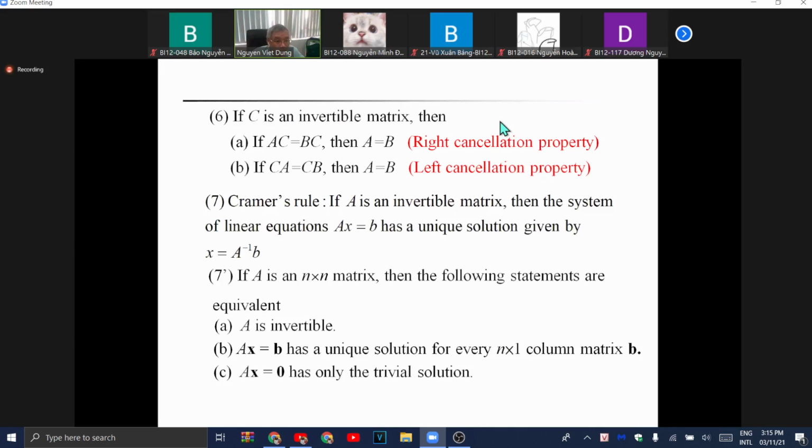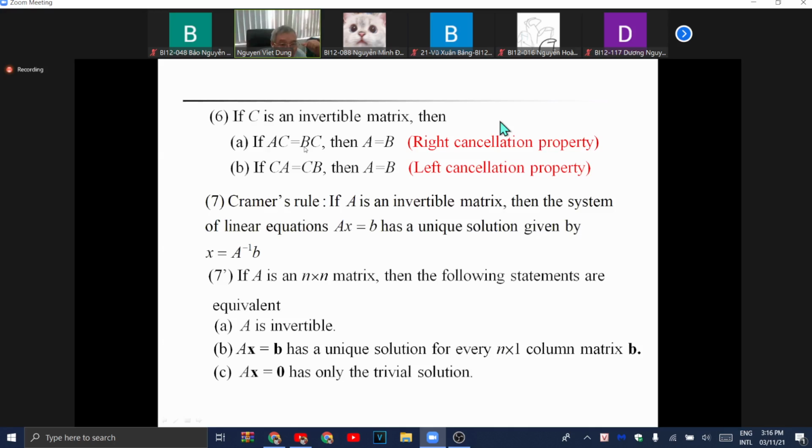Next, we talk about more properties of invertible matrices. Property 6A says that if AC equals BC and C is invertible, then we can imply that A equals B. It means that we can cancel C on both sides of the equality.